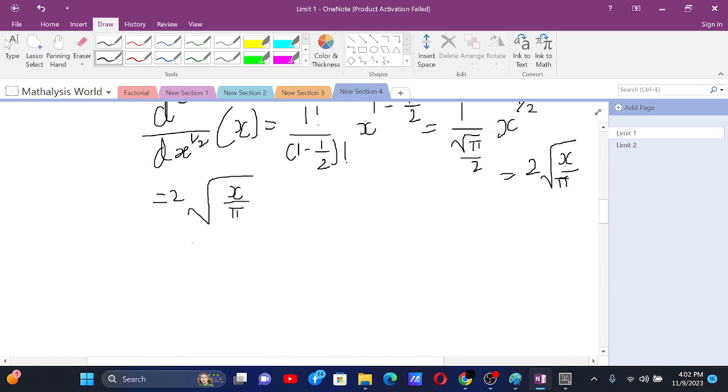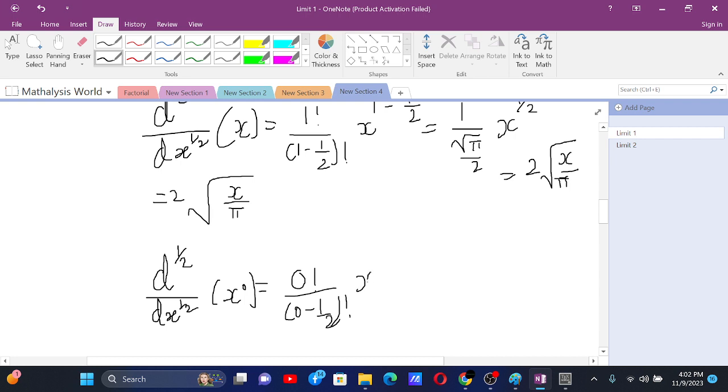First let us do it for a constant. So d^(1/2) by dx^(1/2) of x to the power 0. That will be 0 factorial by (0 minus half) factorial times x to the power 0 minus half.